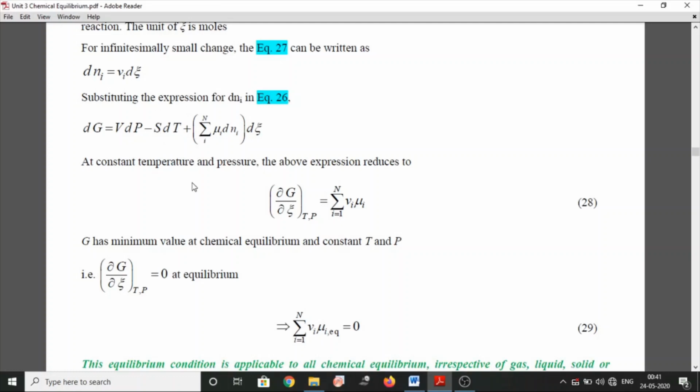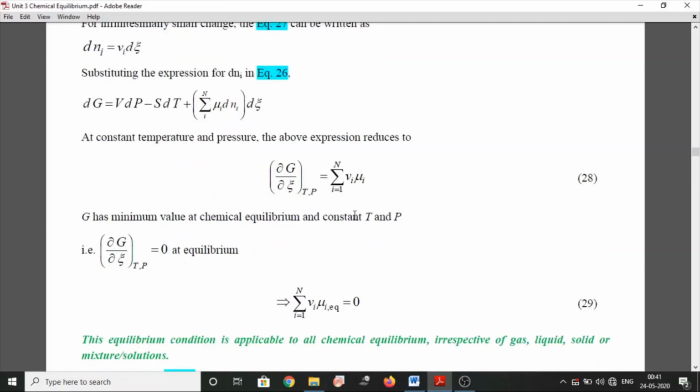It is a closed system. At constant pressure and temperature, the first 2 terms will vanish. So if I rearrange this expression, what I will get, partial G over partial xi at constant temperature and pressure is equal to sum over nu_i mu_i. Now this expression is important.